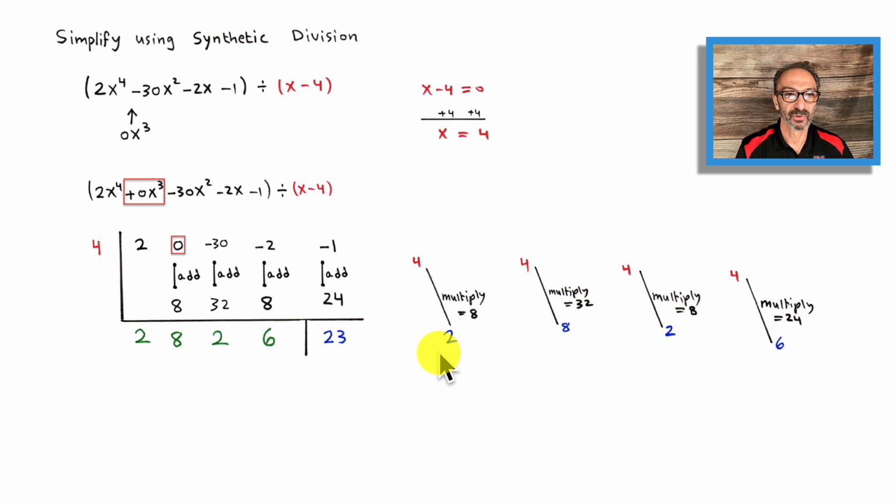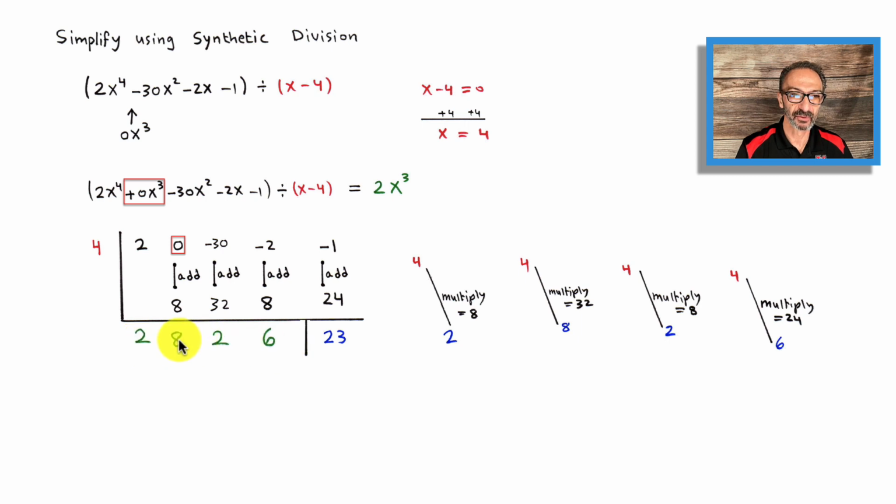So, how do we write our answer now? We're done with the steps. 2x to the third. Why? Because we have fourth degree divided by first will give me third degree. Those 4 numbers, starting from the right, that's a constant, that's a first degree, that's a second degree, that's a third degree.